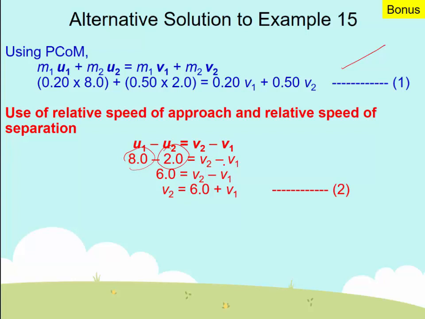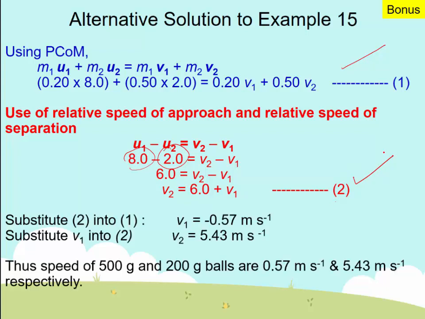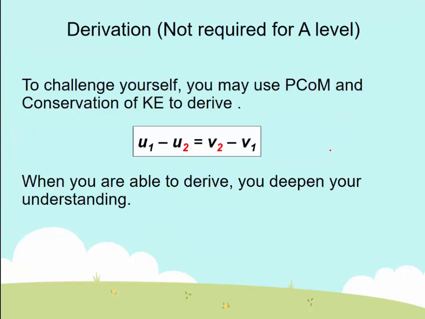Final speeds we do not have, but this will help us to form equation 2. And now we can solve the equations simultaneously. Notice because there is no v squared term, it is much easier to solve. To challenge yourself, you may use the principle of conservation of momentum or conservation of KE to derive this equation.